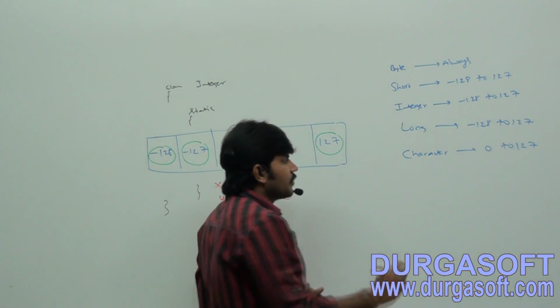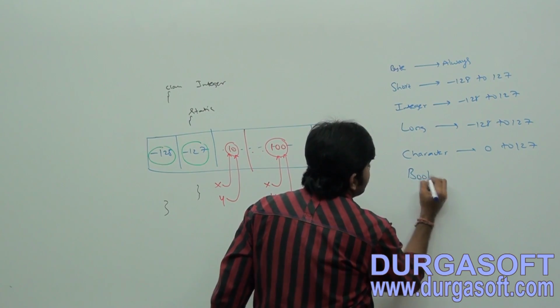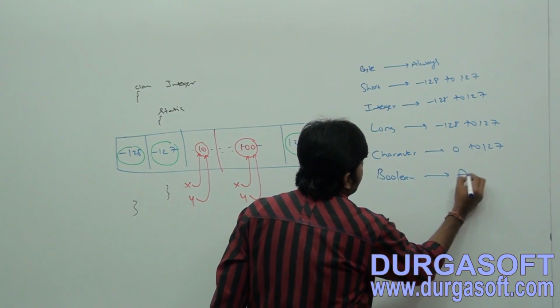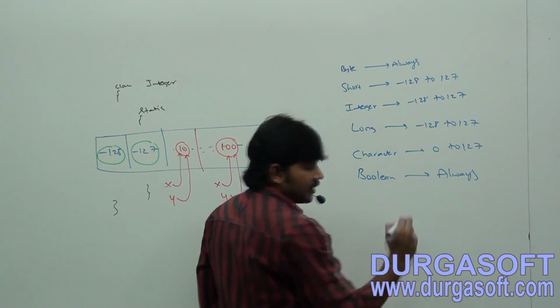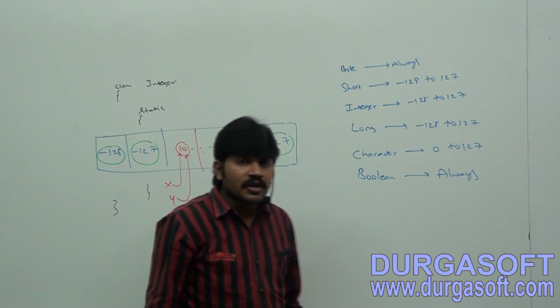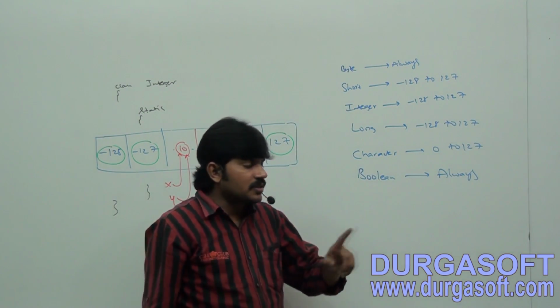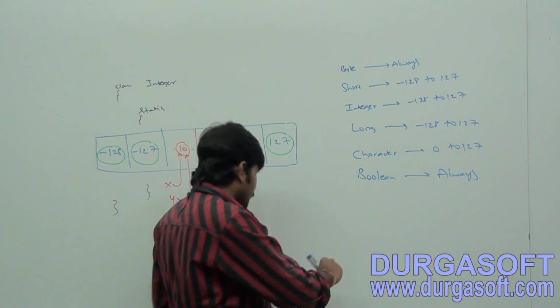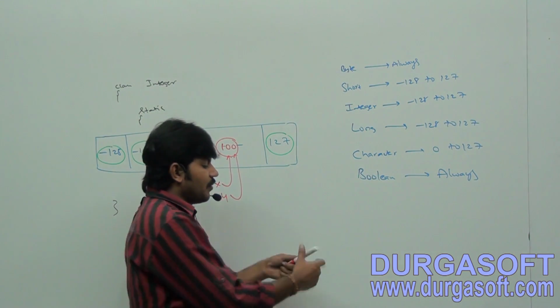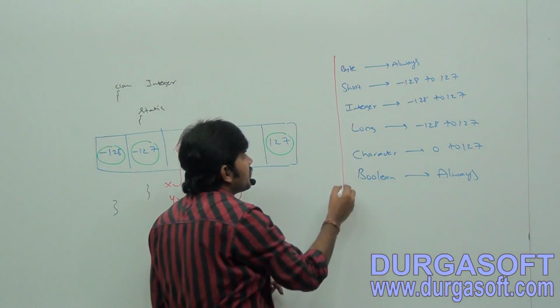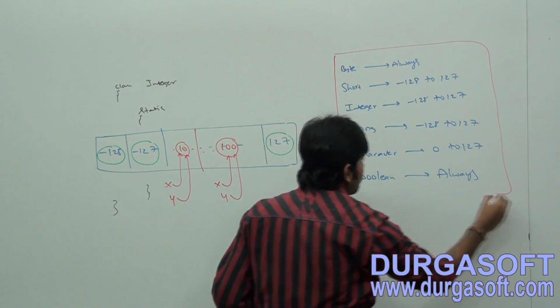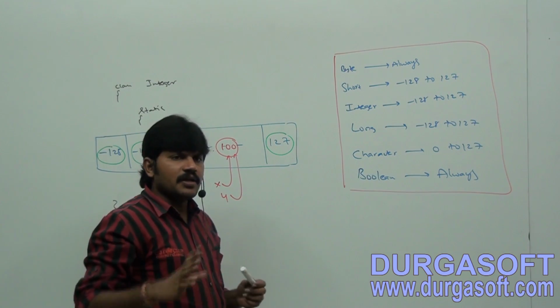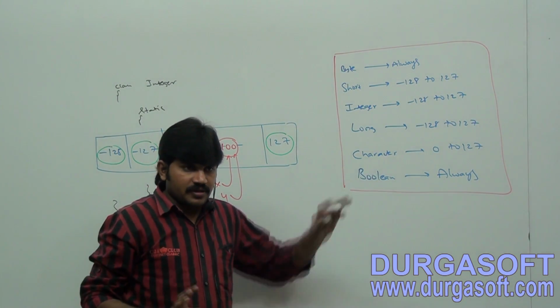If it is a boolean, always, because how many boolean objects are required? Only two objects, true and false. So the buffer concept is available only within this range. Except this range, always a new object will be created, right? Are you able to understand?